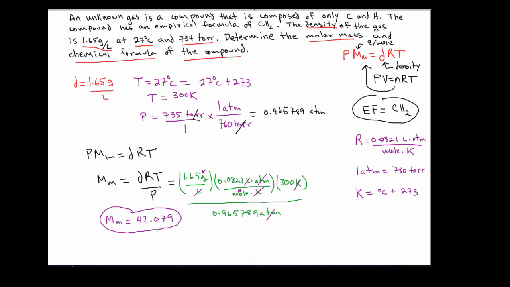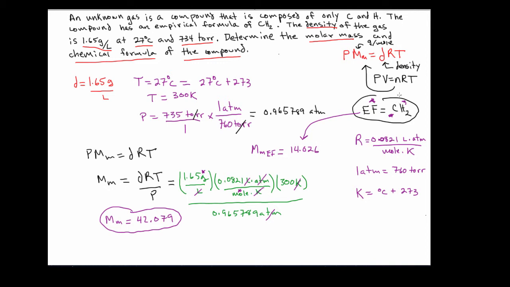Now, how do we find the chemical formula? This is where we're going to bring together the empirical formula and the molar mass of the actual compound. So what we need to do is know the molar mass of the empirical formula. So molar mass of EF is going to equal 14.026.